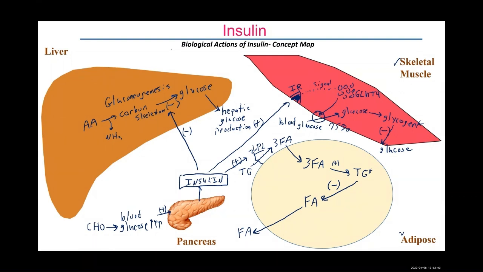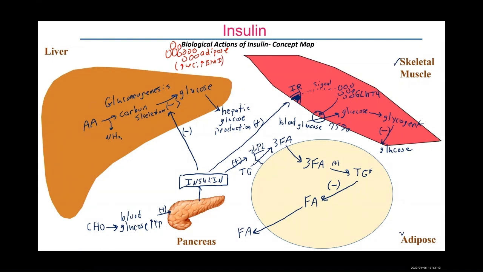So now let's say you have a lot of adipose tissue. This will be reflected by either a large waist circumference, WC, or an increase in BMI, which means over 25 or over 30.